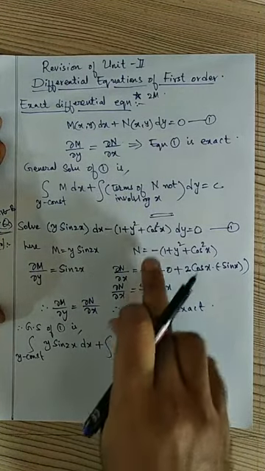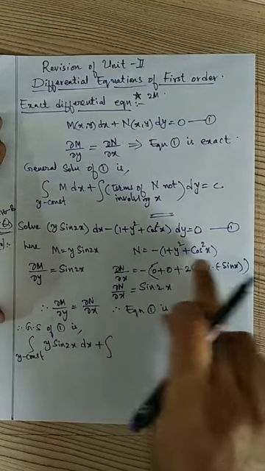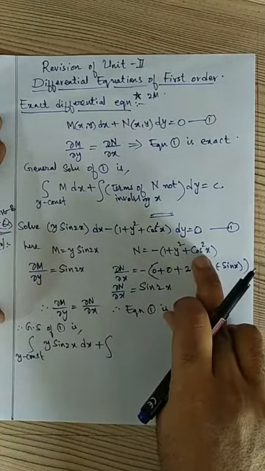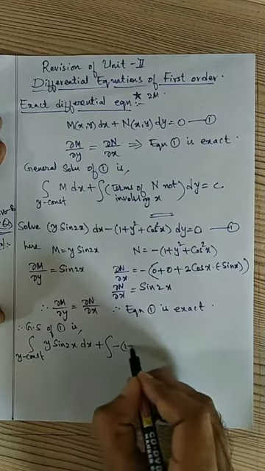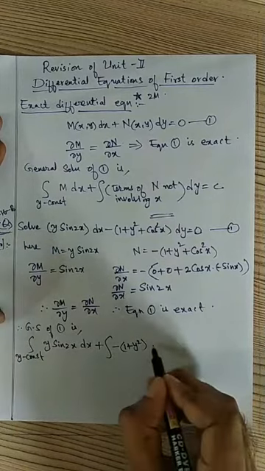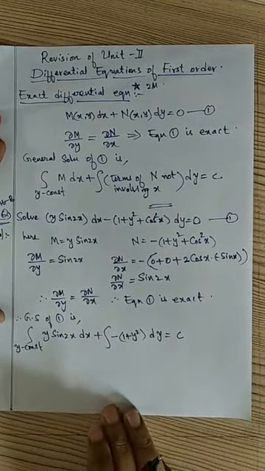Here cos² x is involving x, so only minus (1 + y²) is not involving x, into dy, equals a constant.